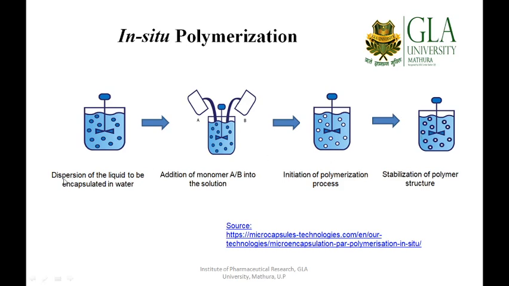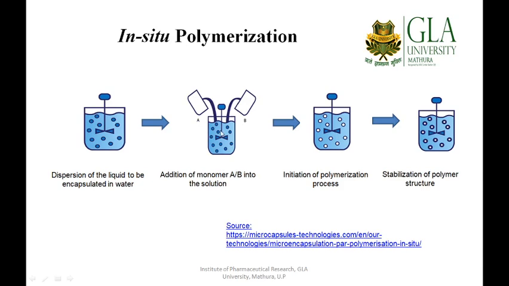What we are trying to do is disperse the liquid which is to be encapsulated in the aqueous medium, and you can see the size of the droplet is controlled with regular agitation by the stirrer over here. Now we are adding two types of monomers, monomer A and monomer B. Obviously they will be in solution form.